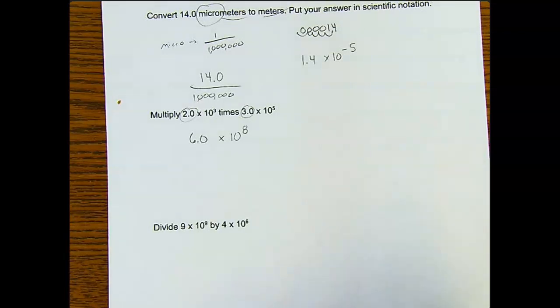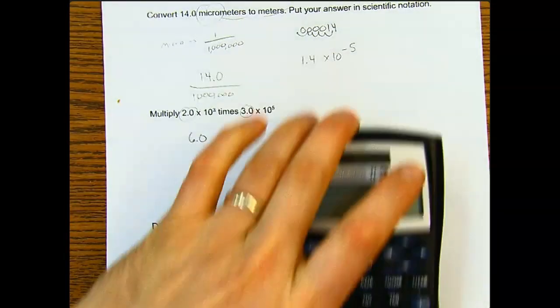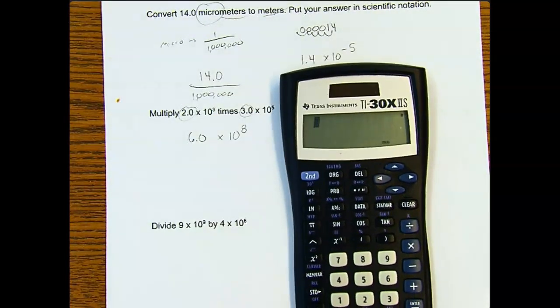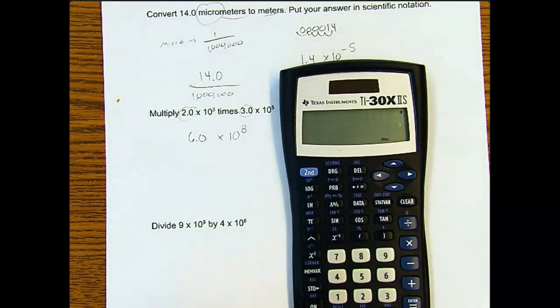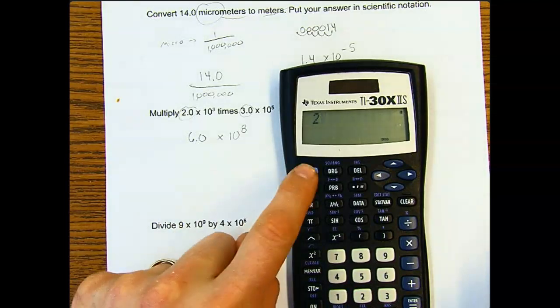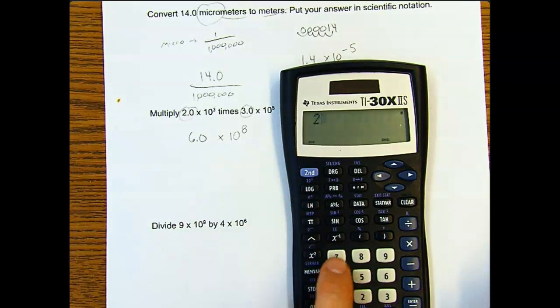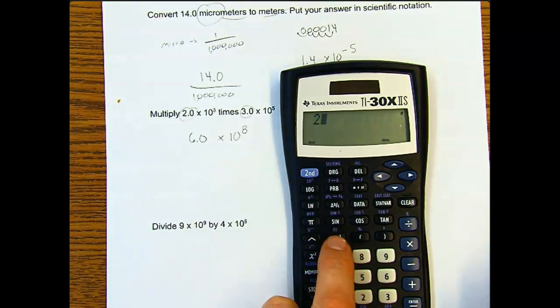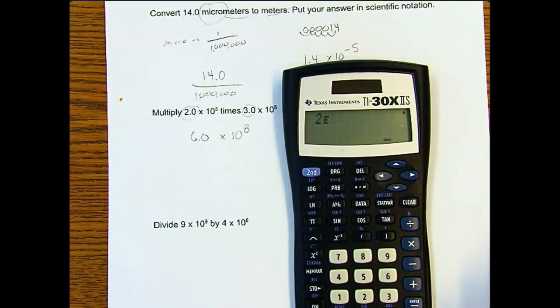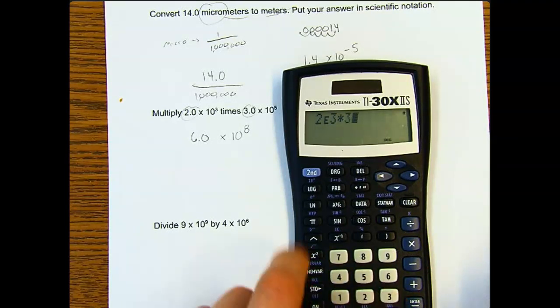Crazy easy, right? Let me show you that in a calculator, and I'll show you a little shortcut. I'm going to do 2, and here's the shortcut: Second, and then there's a little button that has EE. You hit that button, and it puts an E on your screen. Now I put 3, and then times 3E5.